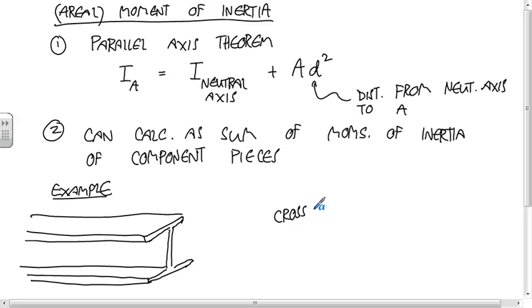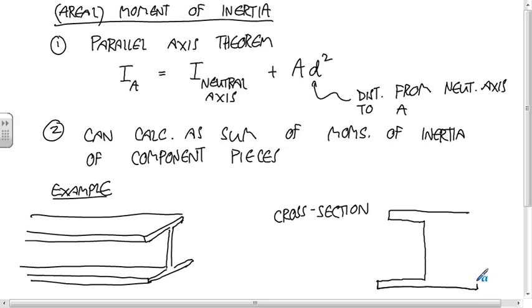Before you can do that, you have to calculate the areal moment of inertia. So a cross section looks like this. Let's say the thickness everywhere is 1 centimeter, so 0.01 meters.